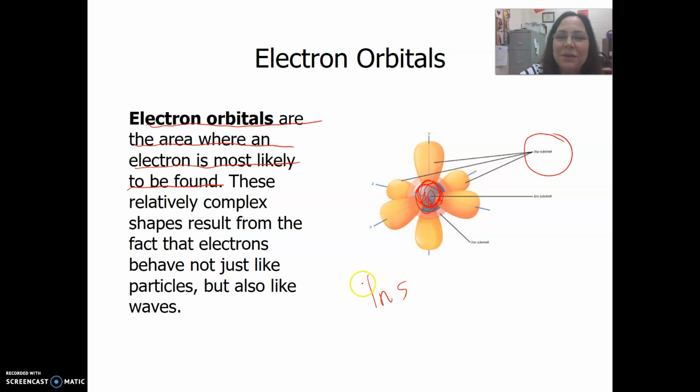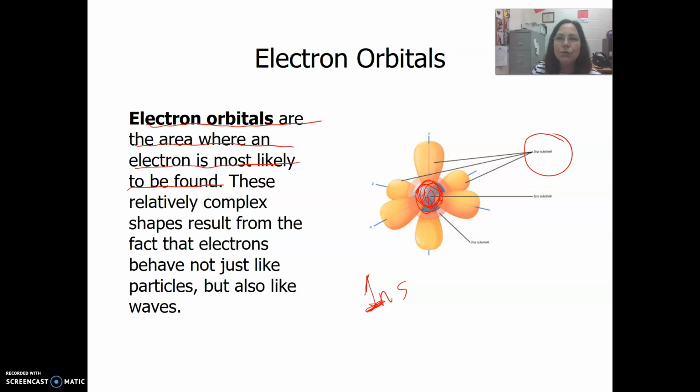I'm pretty sure with how they're doing the terminology that I'm seeing. I'm not a chemistry instructor, but I'm pretty sure that's what you would call it, the 1NS subshell, because the s orbitals are round. They're spherical shaped. And it doesn't mean the electrons are moving in a round pattern or a spherical pattern.